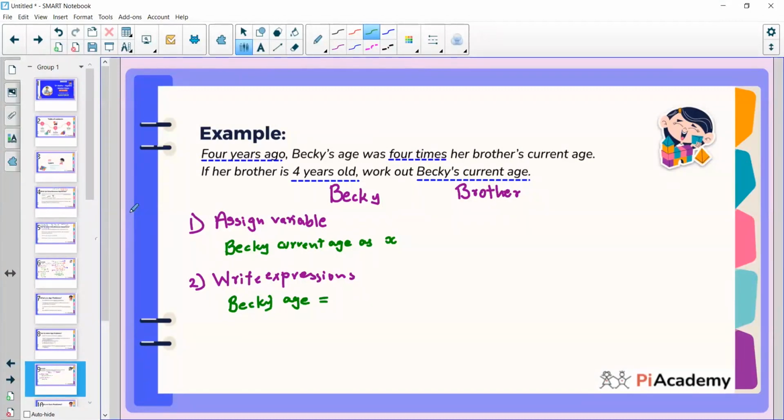Becky's age would be 4 minus X, because 4 years ago. Okay. Would it be 4 minus X or would it be X minus 4? Yeah, X minus 4, sorry. On the safe side, it should be X minus 4. Yeah, good. So it's X minus 4. Okay. Now, what is given? Her brother's current age is 4 years old. Okay. Now, what does this mean?